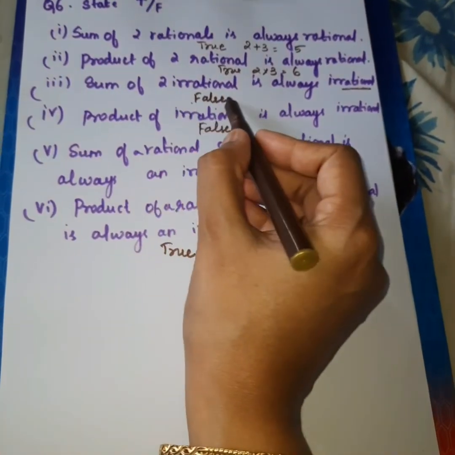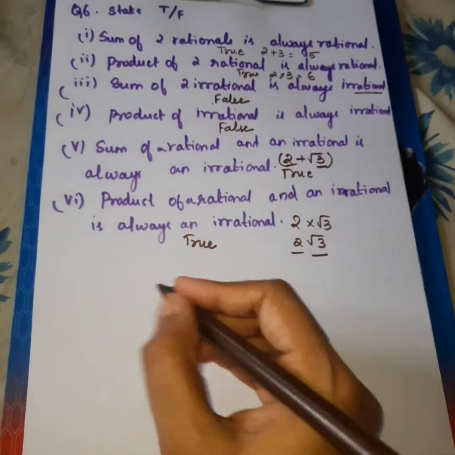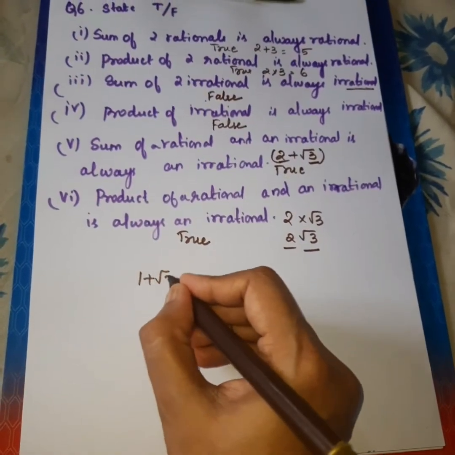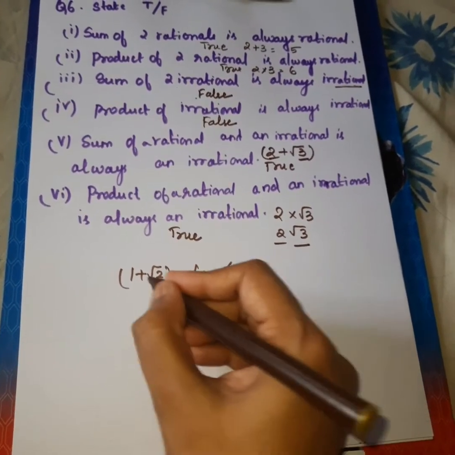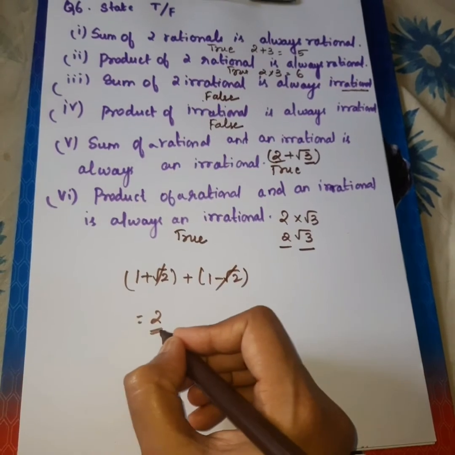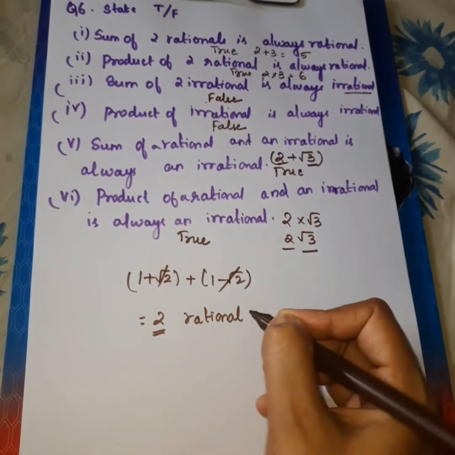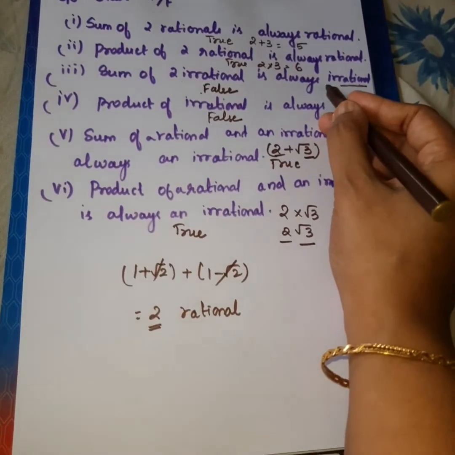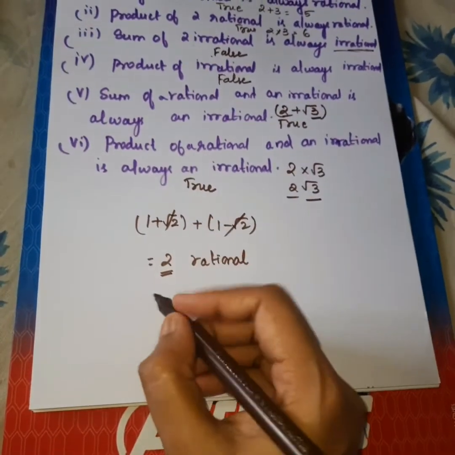But for question 3 and 4, we already illustrated in question 5 the same thing. Two irrational numbers, when we sum up, can also give a rational number. Same way, the product of two irrational numbers can also give a rational number as an output result.